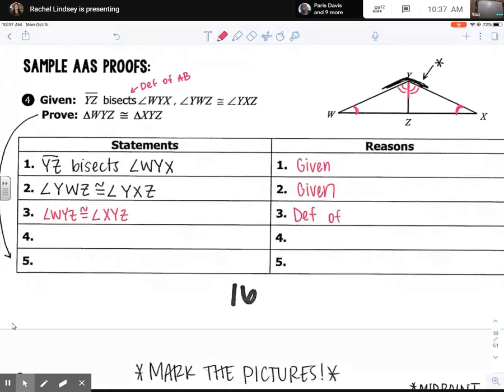So now I have two angles. So I need a side. What side can I mark congruent? Middle. YZ. Can mark that middle side. So that means YZ is congruent to YZ. By what property? Reflexive.